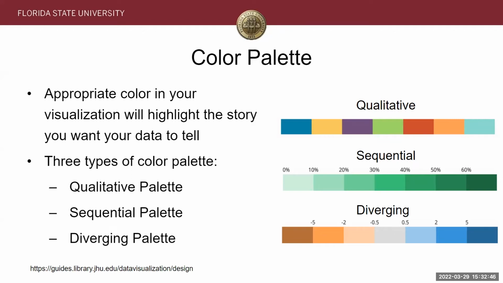And this is good for categorical data, so data with different categories that doesn't really have an inherent order. So if you have things like country or state or gender or race, if you're comparing different categories of data, but there's not really an inherent order to that data, a qualitative color palette can be good.